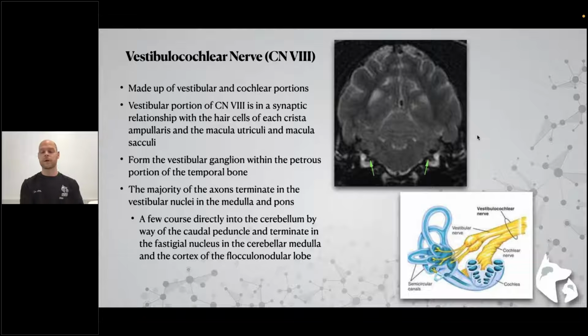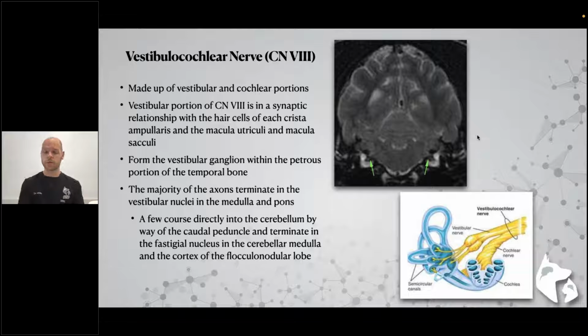From there, those individual nerves on those hair cells form the larger vestibular cochlear nerve, and then they form a vestibular ganglion within the petrous portion of the temporal bone. From there they continue through the petrous temporal bone into the brainstem, where the majority of them terminate within the vestibular nuclei in the medulla and the pons.